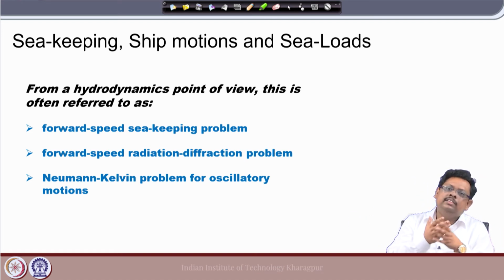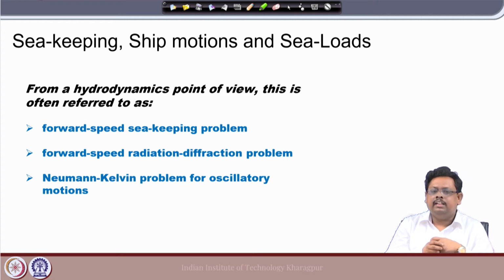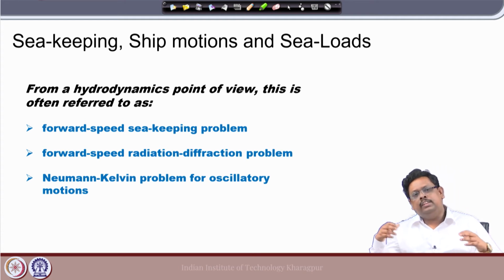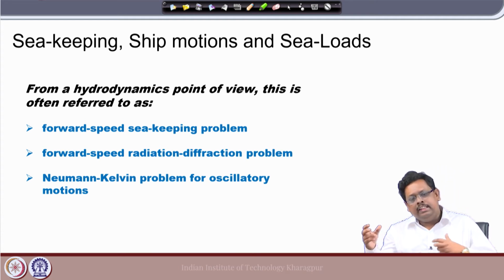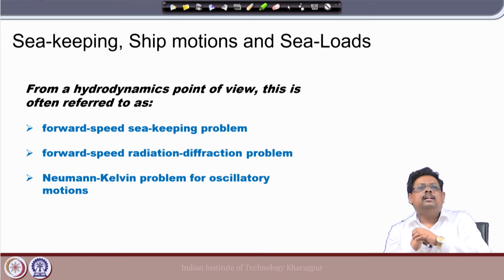In that situation the radiation diffraction effect is not that influential, so Froude-Krylov and hydrostatics are important, right? However, for the ocean going vessel, when this phenomenon happens, lambda by L falls in the range of 0.75 to 1.5. In that region the radiation diffraction also becomes very important, and the phase becomes very important.